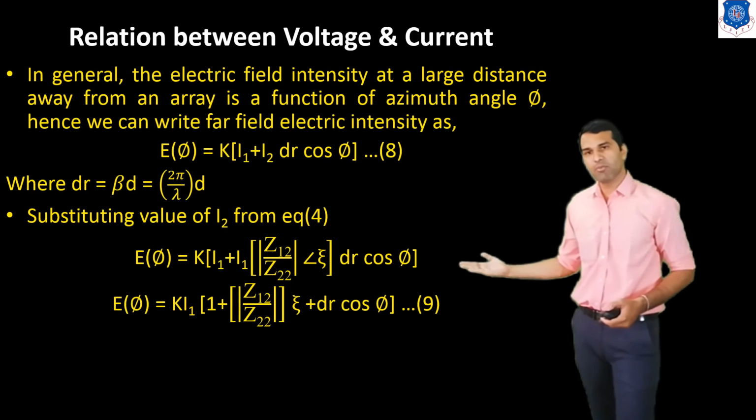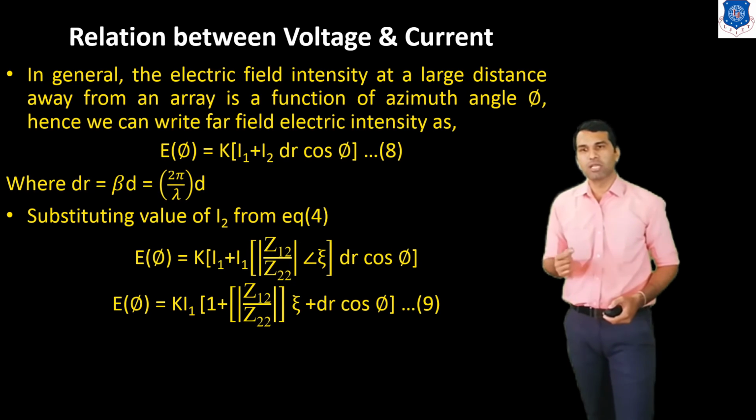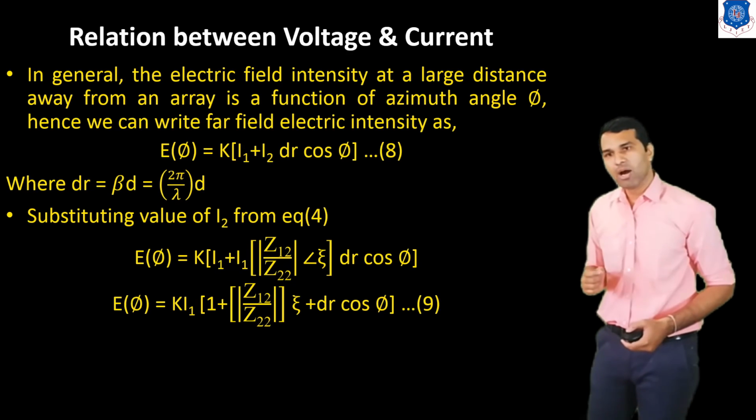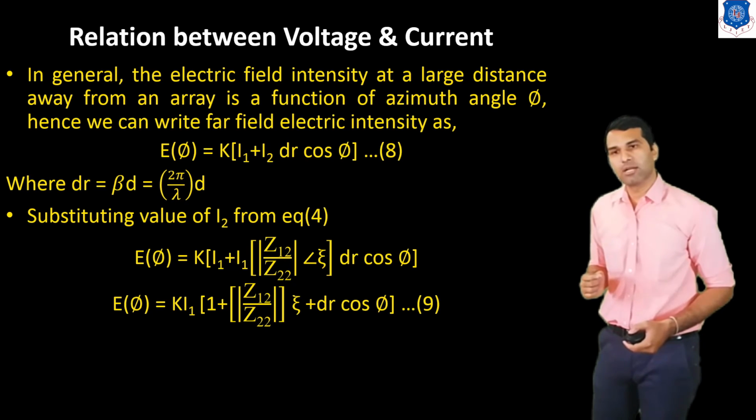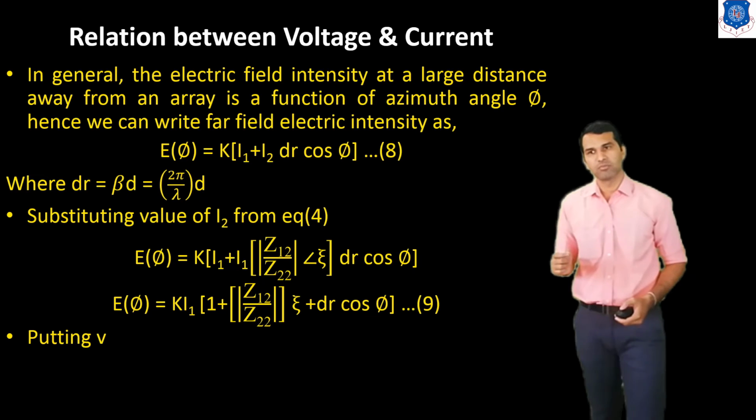Simplifying, E phi equals K I1 into 1 plus Z12 upon Z22 angle eta plus dr cos phi.